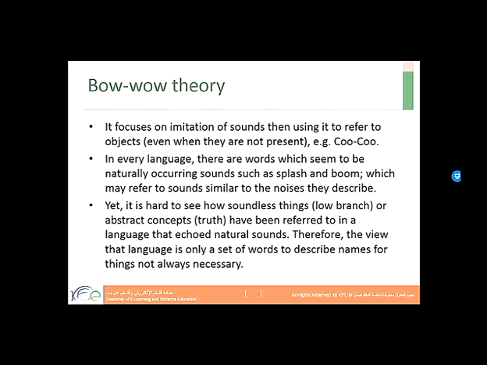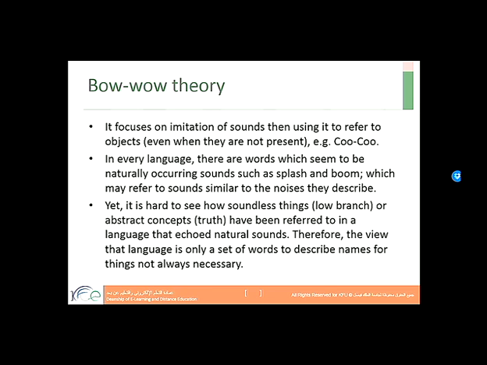Yes, some words like splash work because it's touchable, so it's easy to understand. Whereas there are some words which are more abstract, like truth. With such soundless words, it's hard to see how they have been referred to in a language that echoed natural sounds.